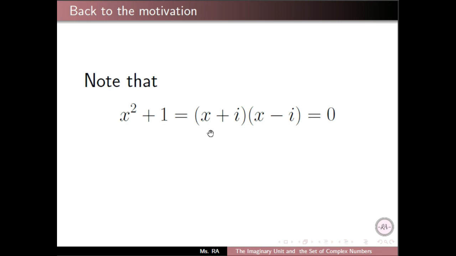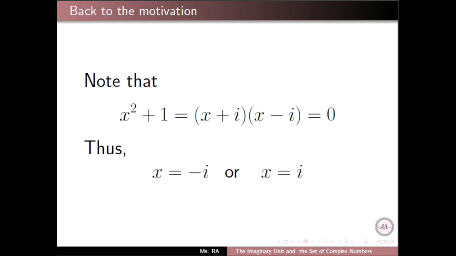Just do this multiplication, use the property that i squared is equal to minus 1, and we're going to come up with x squared plus 1. Since we have that, we can say that x is equal to minus i or x is equal to i.